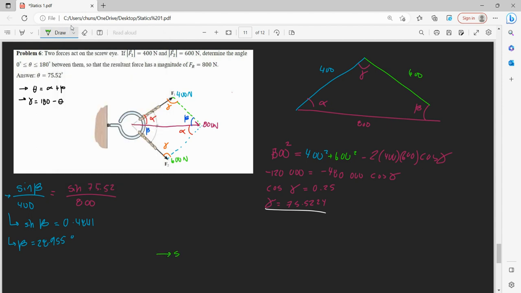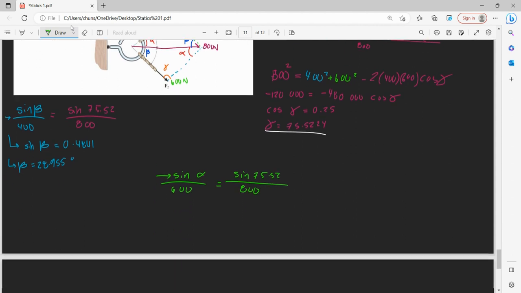And lastly, do sine law for alpha. So that gives sine alpha equals 0.7261.